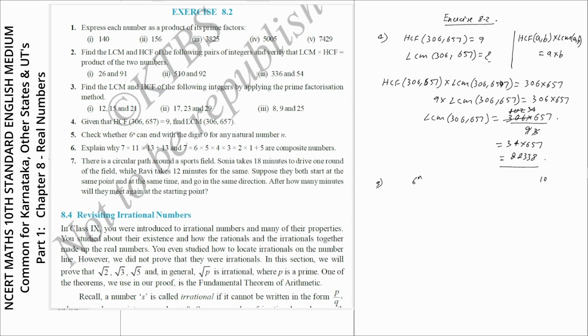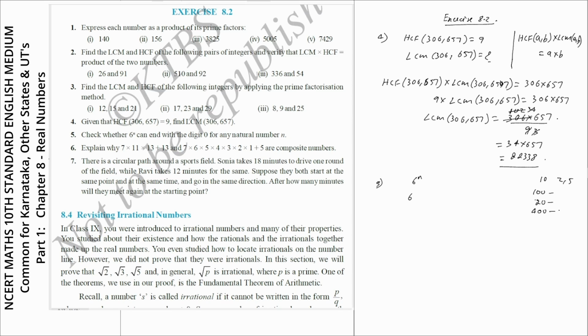For example, 10, it is divisible by 2 and 5. Okay. What about 100? 100 also is divisible by 2 and 5. For example, 20 also is divisible by 2 and 5. For example, 400 is also divisible by 2 and 5.